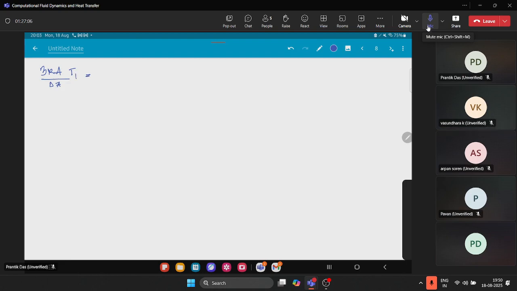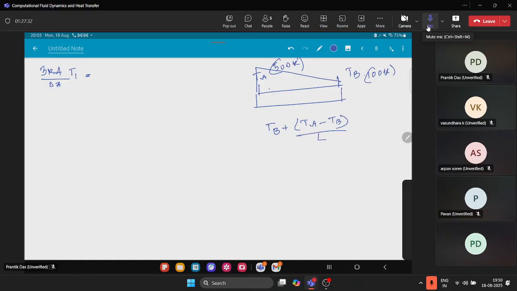For example, if I consider it to be the rod itself, and this one is Ta and this one is Tb, for example, this is 500 Kelvin and this one is 100 Kelvin, you will basically get a linear temperature profile like this, which is something like Tb plus (Ta minus Tb) divided by L multiplied by x.